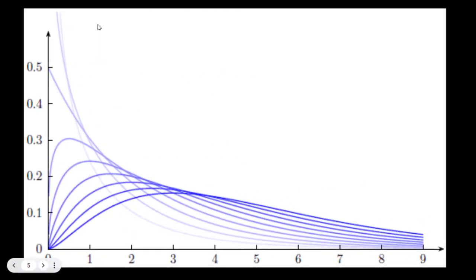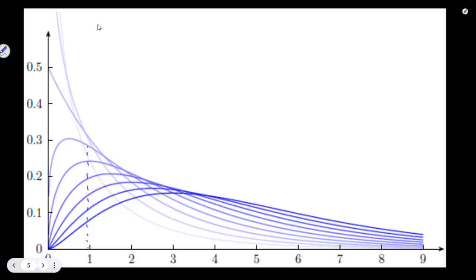So here are some pictures of various chi-square distributions with various numbers of degrees of freedom. Remember, the degrees of freedom is just to the right of the peak. So a degree of freedom of 1 would probably be that first one there.